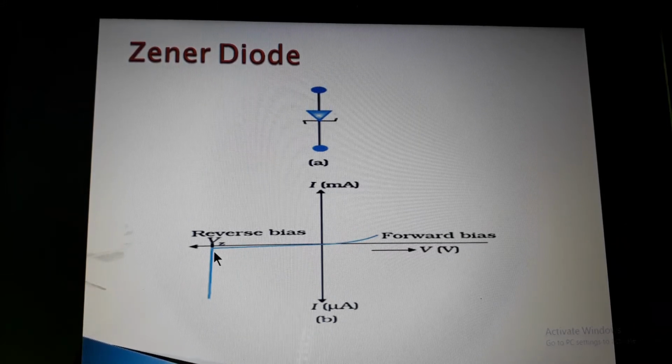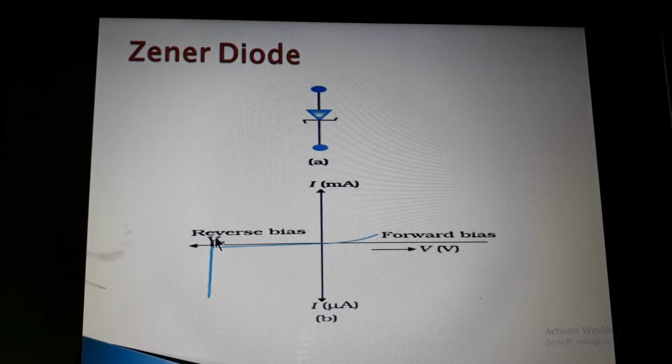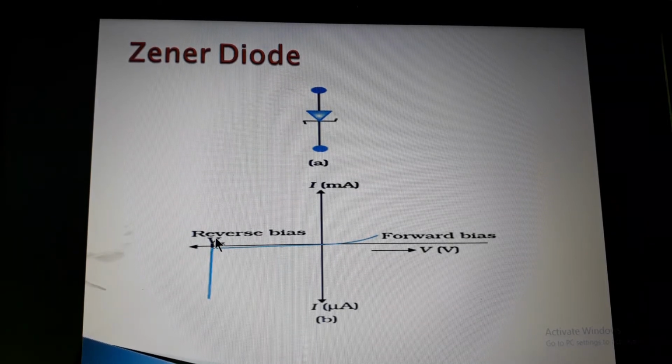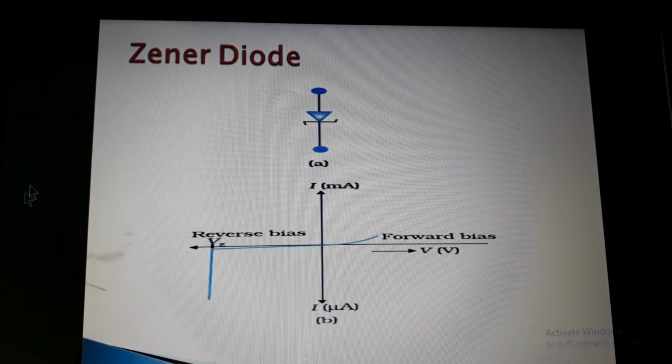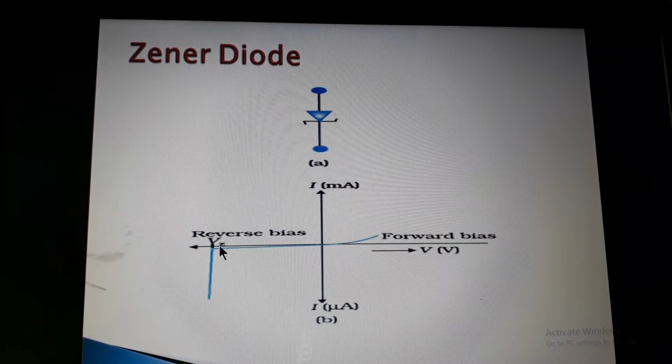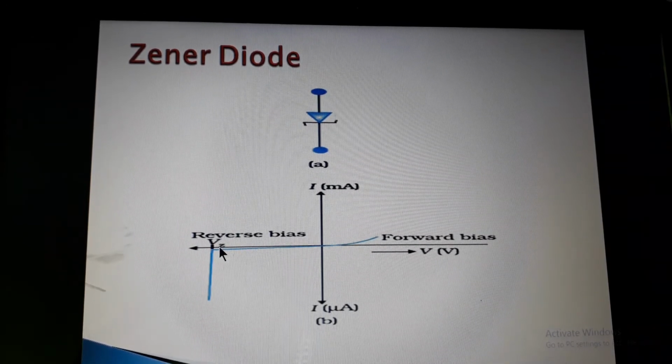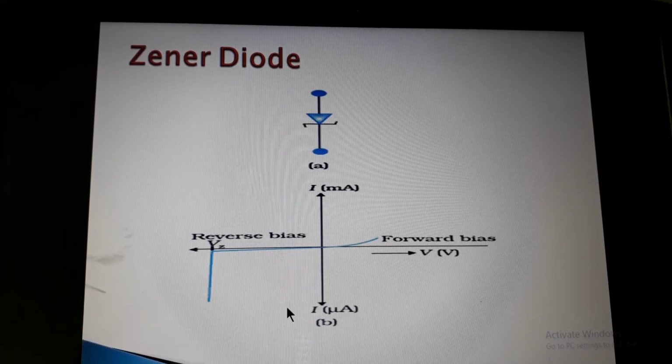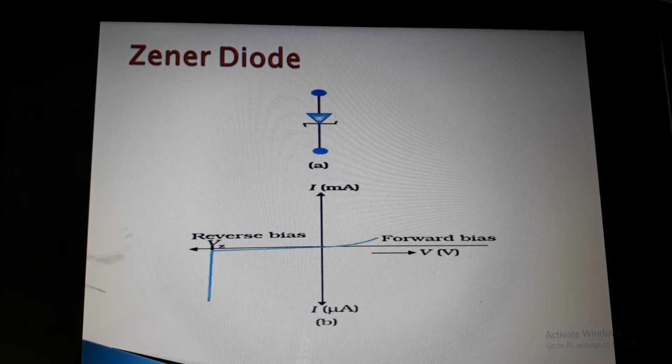Just see, the current suddenly increases but the voltage is constant. So that voltage is called the Zener diode voltage. That means if the input voltage changes, the output voltage is constant.